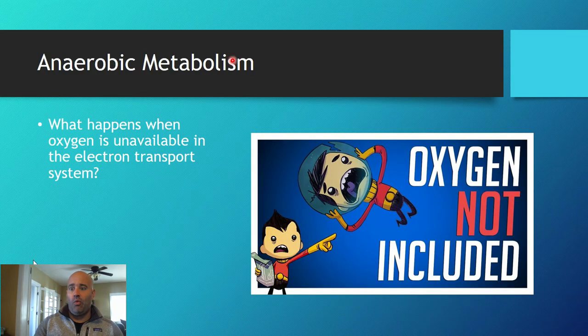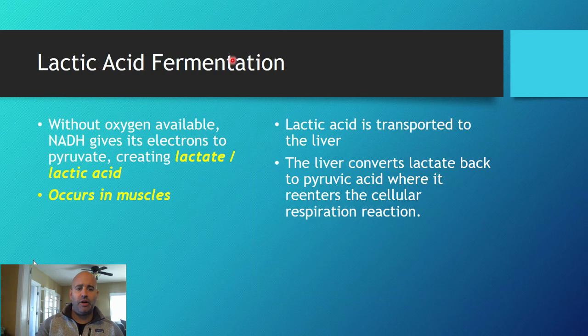Now, what happens when oxygen isn't there? Anaerobic metabolism. I'm going to give you a brief introduction to this because we're going to cover it more in pathophysiology. All right? But here is just a little snippet. Without oxygen available, the NADH actually gives its electrons to the pyruvic acid, the pyruvate, creating lactic acid.